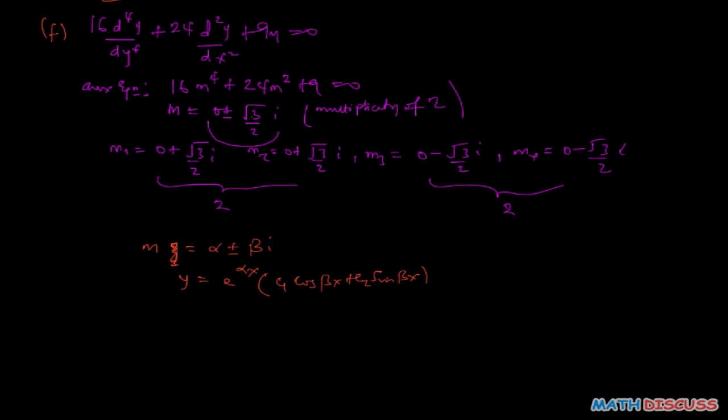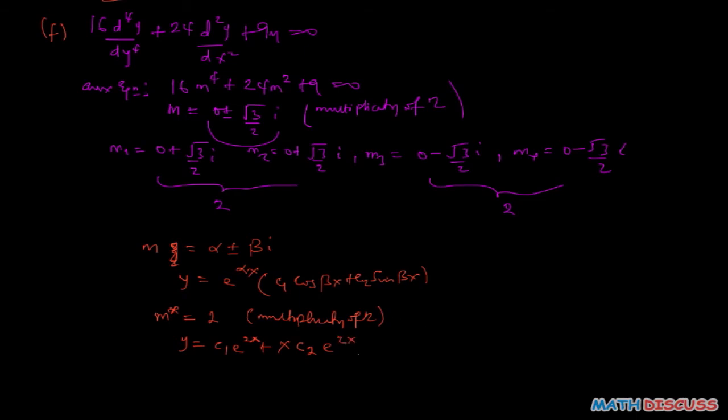Another thing we know is, assuming you solve the auxiliary equation of a homogeneous differential equation and probably had m equals 2, and 2 has a multiplicity of 2, we said that in such a case the general solution is going to be y equals c1 e to the power 2x, then plus x c2 e to the power 2x.